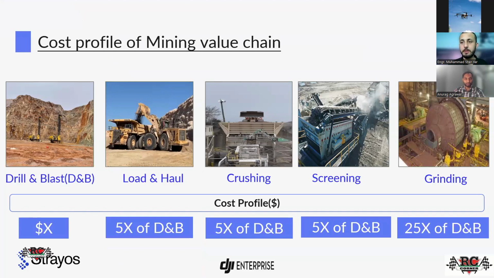So we are facing many issues in drill and blast as well as the downstream process. In loading and hauling, and crushing and screening, we are spending 5 times more than drill and blast because of the non-positive results. Similarly, on the grinding side, our expenditure is near to 25 times the drill and blast.